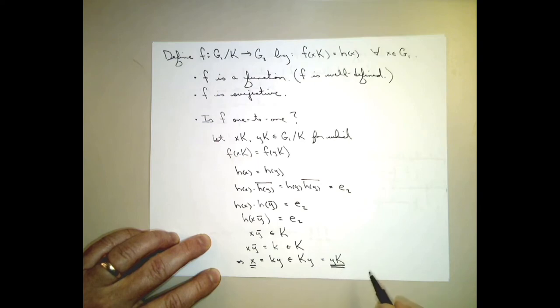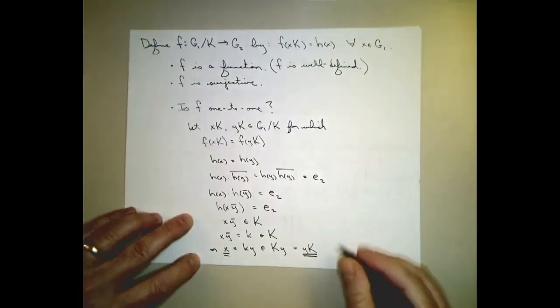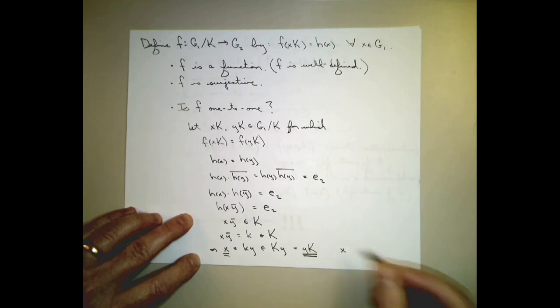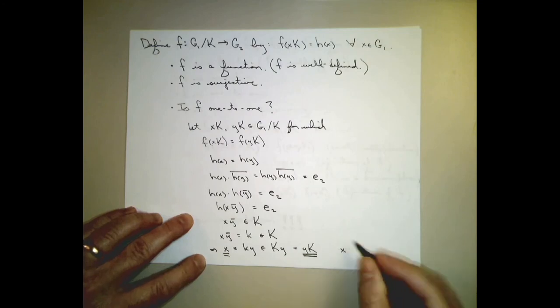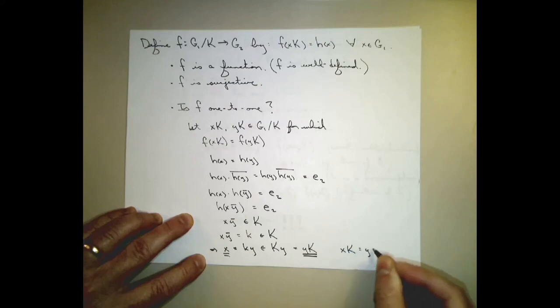Well, cosets, as you'll recall, are either identical or disjoint. And since x is in yk, the coset that contains x must be the same as the coset that contains y.